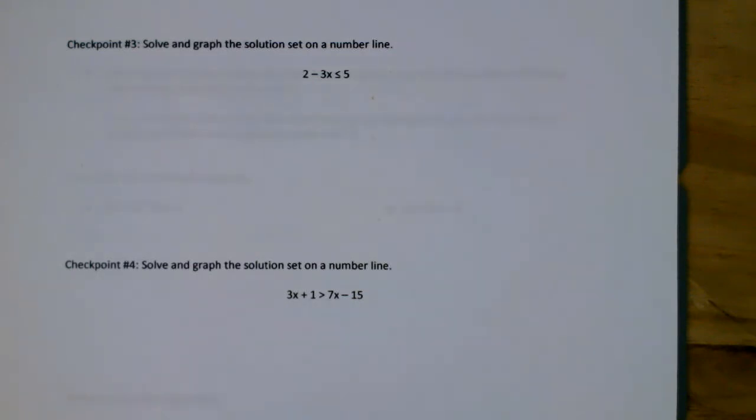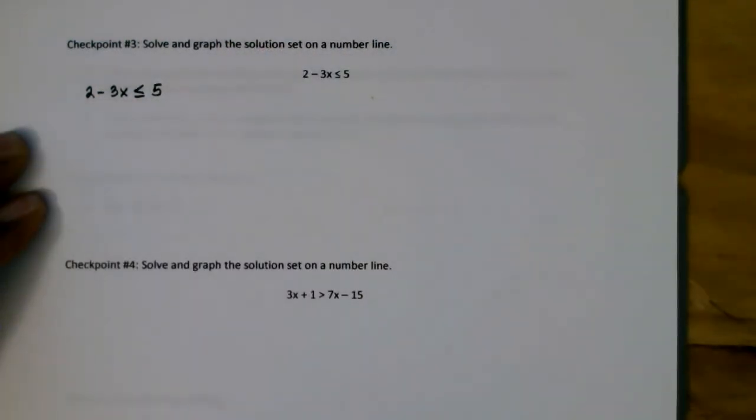In this case, we're going to solve and graph the solution set on a number line. That's going to be very important. Like in this one, 2 minus 3x is less than or equal to 5. We need to get x by itself. First, let's get rid of the 2 in front. That's like a plus 2, so we need to subtract 2 on both sides. That's gone, and you're left with negative 3x is less than or equal to 5 minus 2, which is 3.